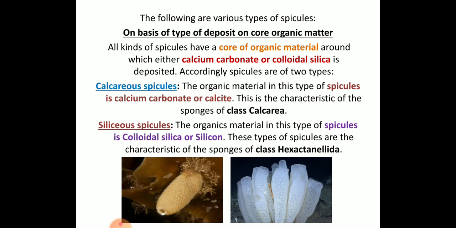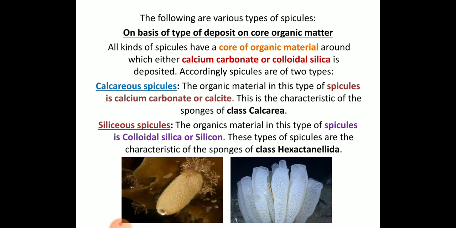First, calcareous spicules. These spicules are mainly made up of calcium carbonate, and they belong to the class Calcarea. What are the three different classes? Class Calcarea, class Hexactinellida, class Demospongia. Class Calcarea has the calcareous spicules.